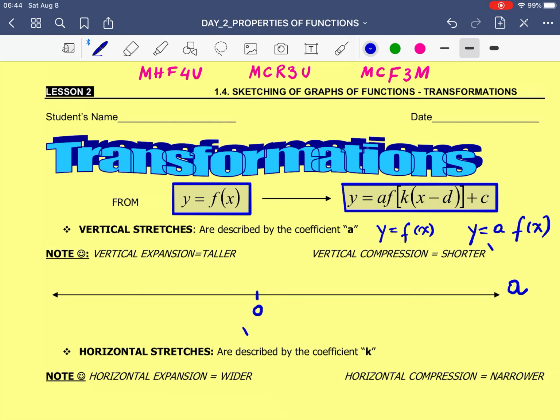If a equals 0, then the function will become 0 times f of x, and anything multiplied by 0 will equal 0. So this function will change to become y equals 0, and y equals 0, we know that is a linear function. So if a equals 0, the function will change its nature. If it was exponential, it will become linear.